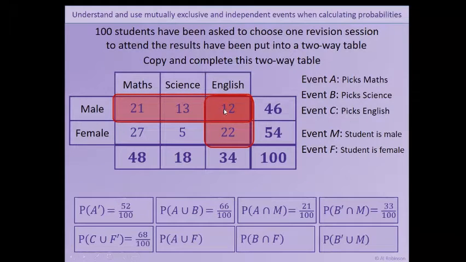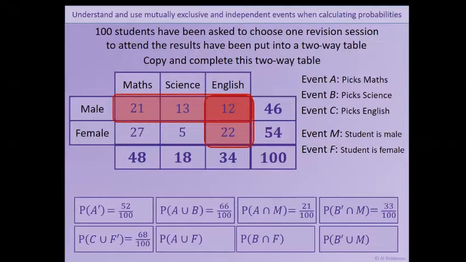So we've got here, it will be 68. So it's the union of students who pick English, but not female. So it's all of these added together, 21 plus 13 plus 12. Hold on, no, that doesn't sound right, does it?